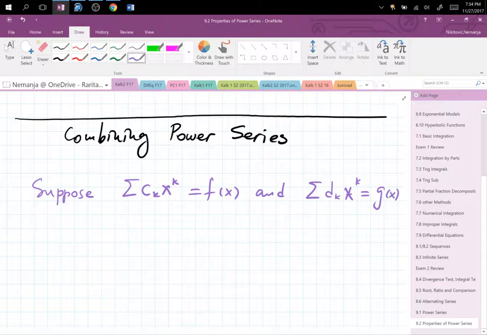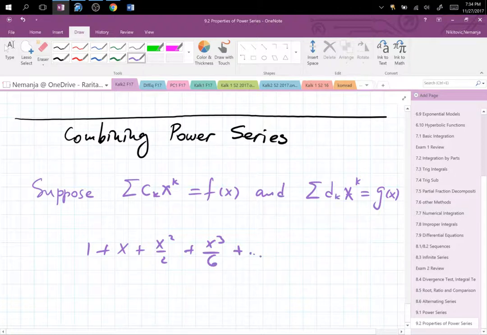You know what this means. If I give you 1 plus x squared over 2 plus x cubed over 6 plus ..., you get to write summation of 1 over k factorial times x to the k, and then you say, oh, that's e to the x, because you know these things.